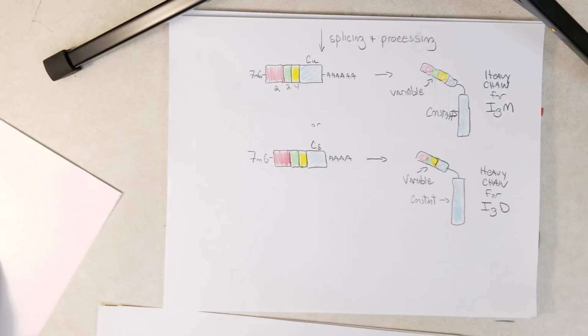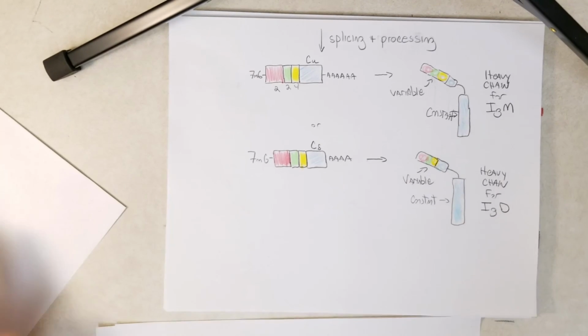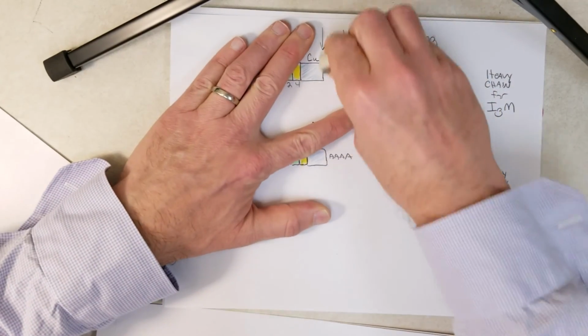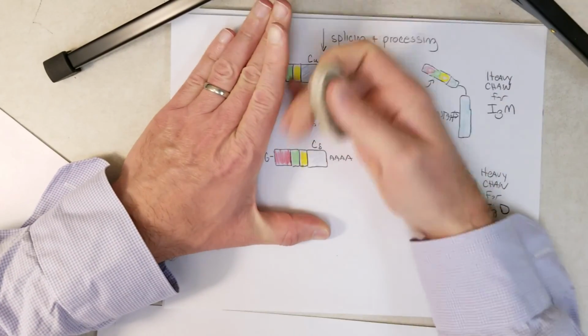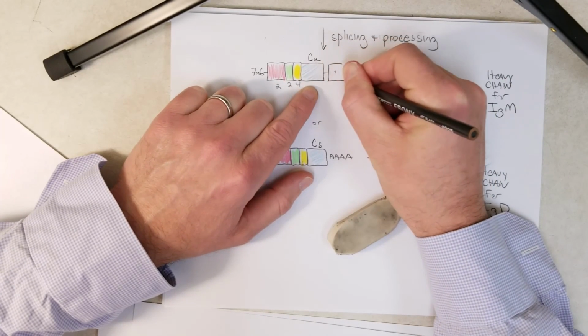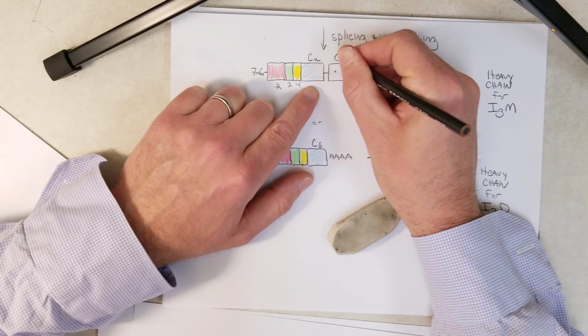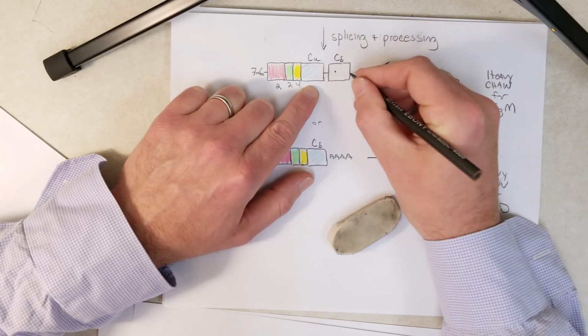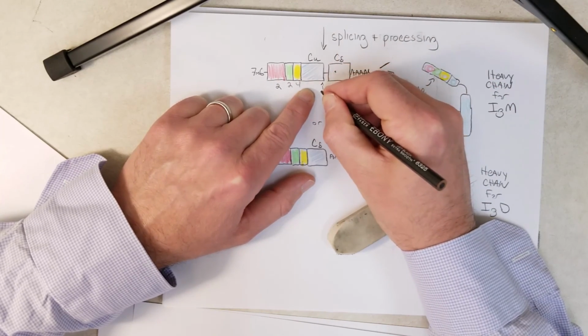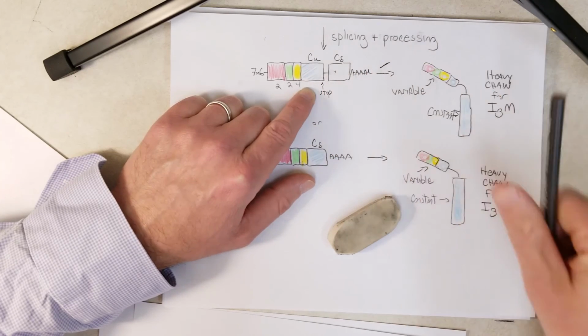Let me fix that on the fly here. My eraser. So C delta is still going to be there, but there's a stop codon right here, a translation stop codon right there.